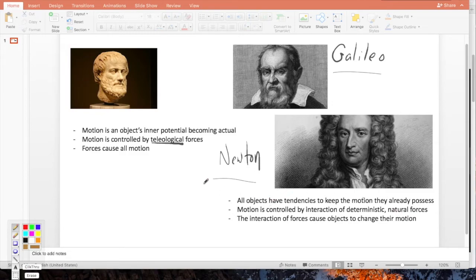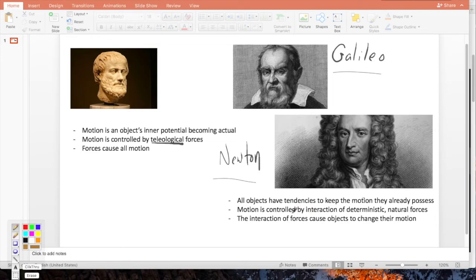These forces are not teleological, pre-programmed, end, perfect goal type forces that an object is drawn to, but rather the forces cause and control motion. We can determine what they are. We can make calculations. We can make predictions. We can set them down with mathematics, with scientific rigor, instead of saying, oh, the rock fell to the earth because they both possess more of the earth element, and everything that has more of the earth element wants to belong together because that's right, that's good, that's their natural final end and pre-programmed goal. No, come on, we need to be more specific, more scientific, more mathematical about it.